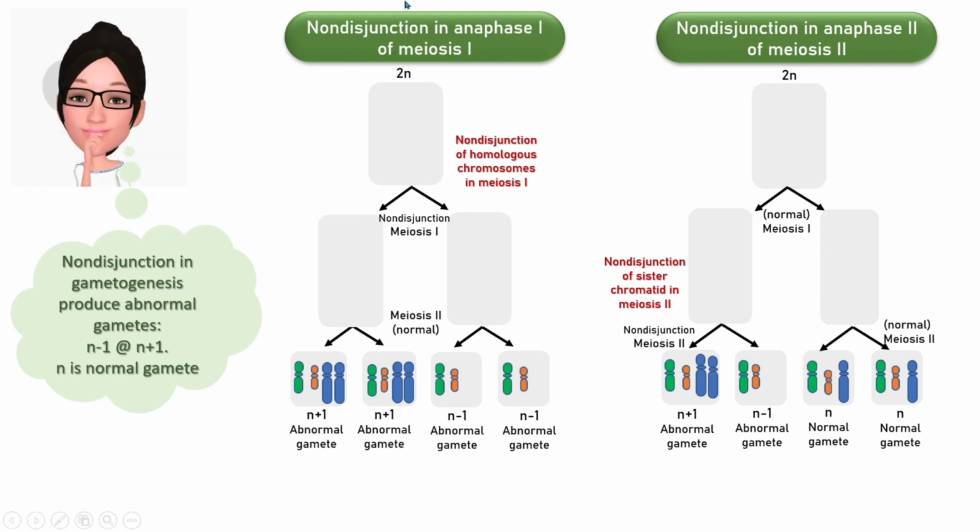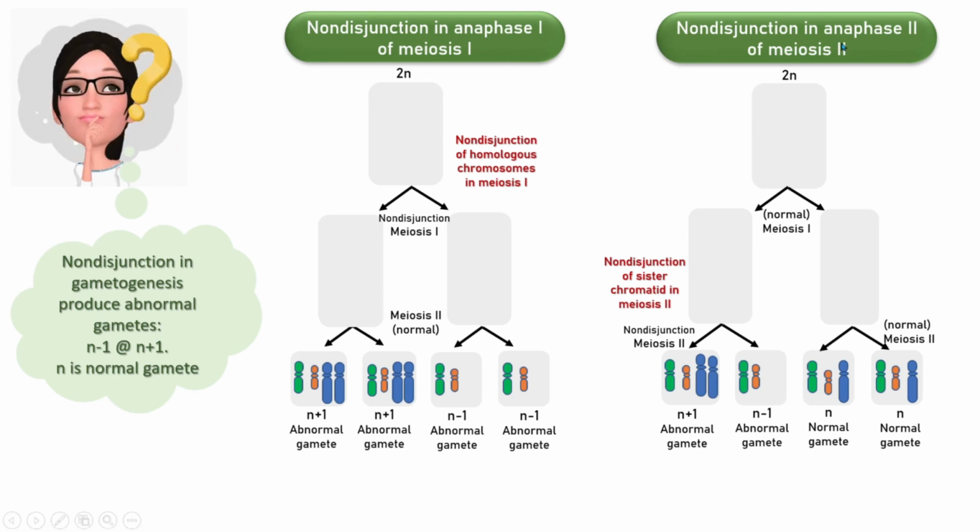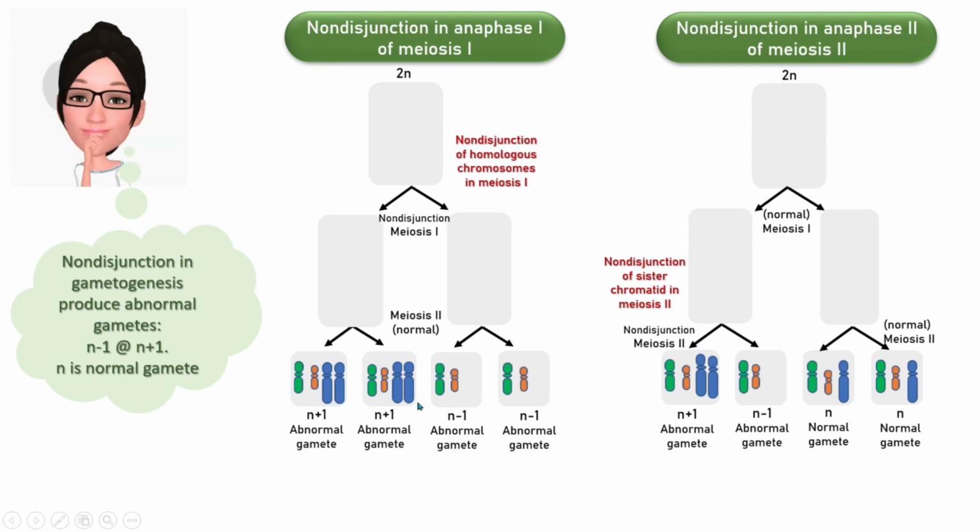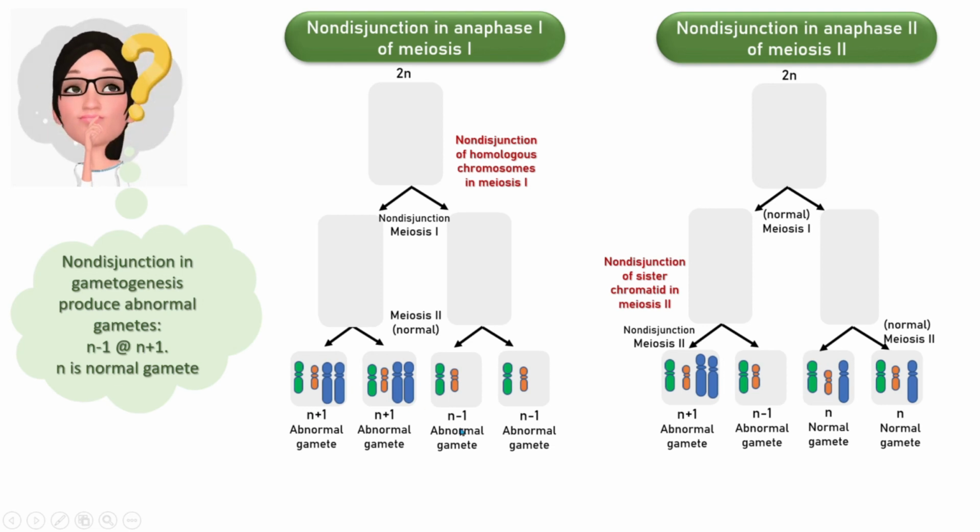So, non-disjunction can occur in meiosis 1 and meiosis 2. In meiosis 1, non-disjunction of homologous chromosomes occurs. In meiosis 2, non-disjunction of sister chromatids occurs. Non-disjunction in meiosis 1 and meiosis 2 will produce abnormal gametes, either n+1 or n-1.